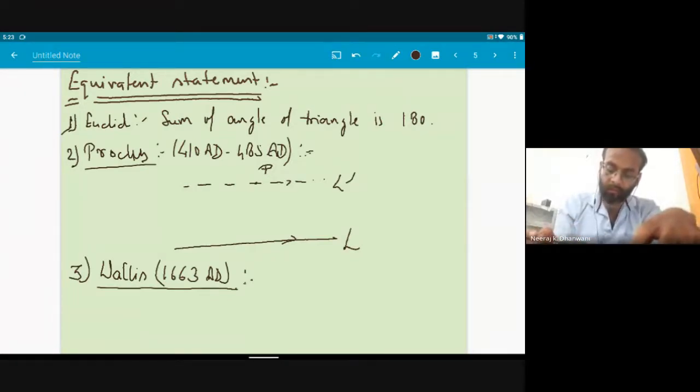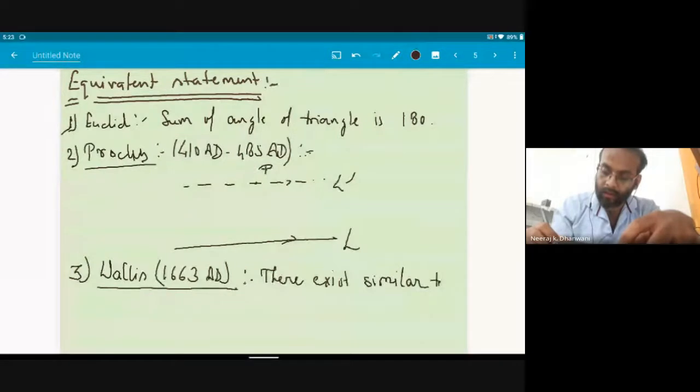After going through some more literature, he gave the statement: there exist similar triangles of different size.